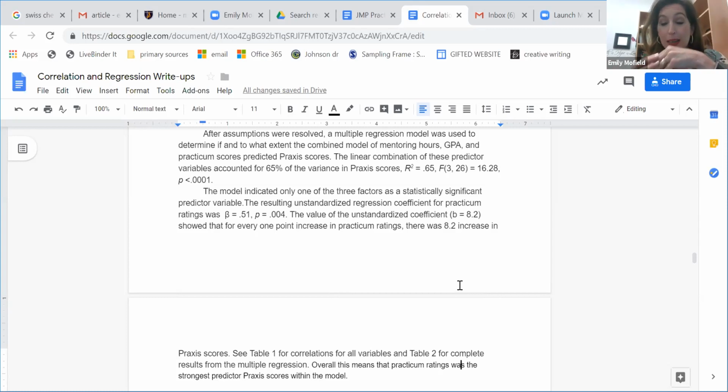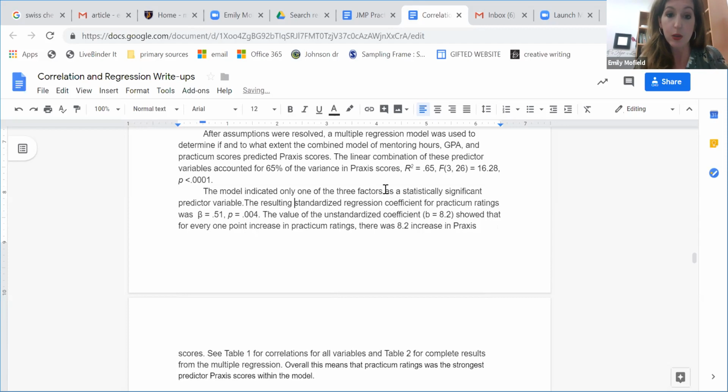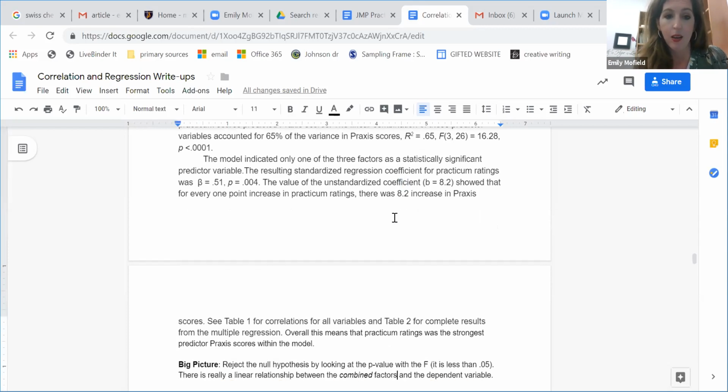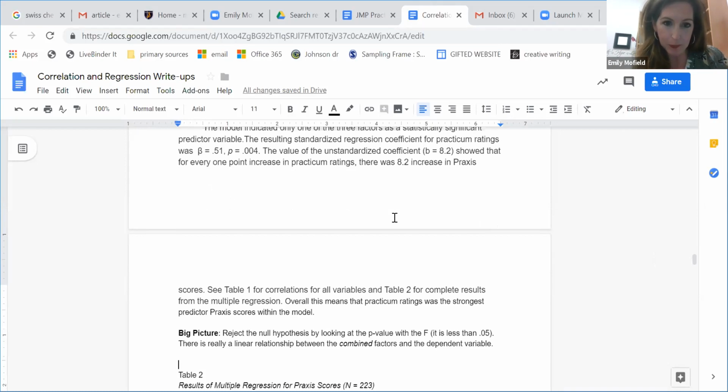And so when we put it into beta, it's like we're leveling the playing field for units of measurement, and we can actually see which predictor variable is truly a bigger contributor in the model. So I would report the standardized regression weight. And if you want to report the unstandardized one, you can. Okay. All right, I'm glad I caught that.